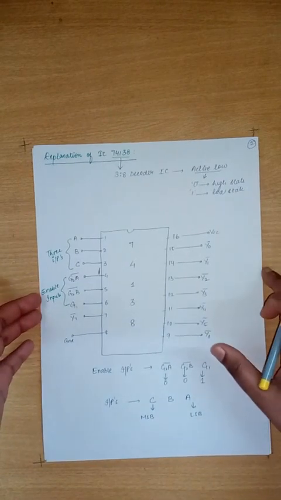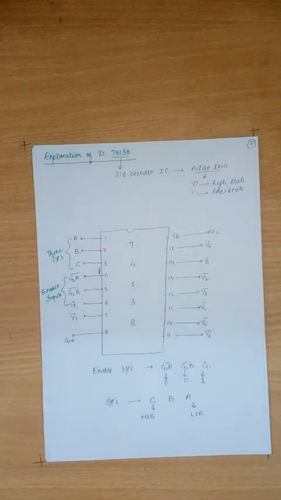Now, explanation of IC 74138. 74138 is a decoder IC. Like the multiplexer IC whose IC number was 74153, this is also a 16-pin IC, with the IC number 74138. For our experiment, we are using a 3:8 decoder IC. It means that it is a 3-input IC and we are going to get 8 outputs.